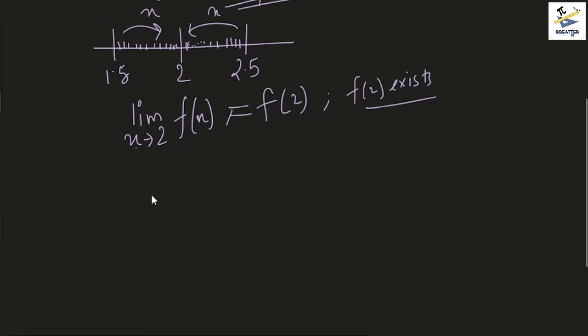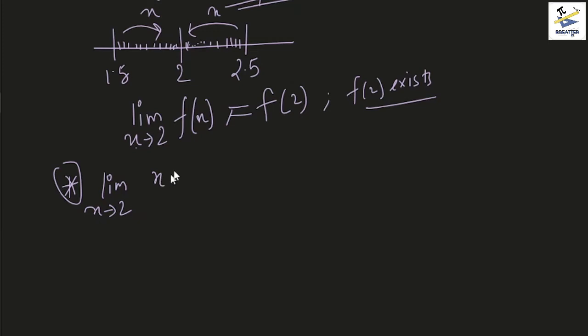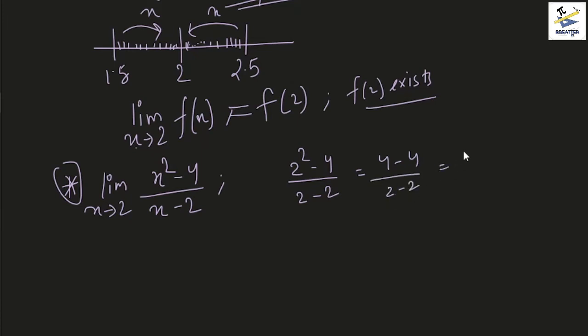A common example would be like this: limit x tends to 2. As you can see, if we were to put the value here, it will give us 4 minus 4 by 2 minus 2, or 0 by 0, which is practically undefined.